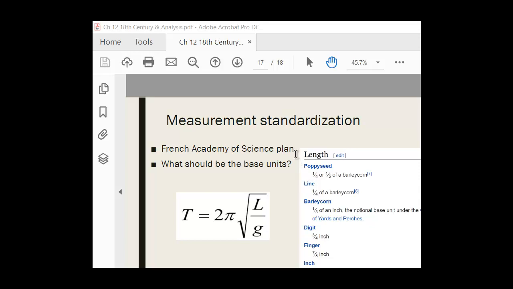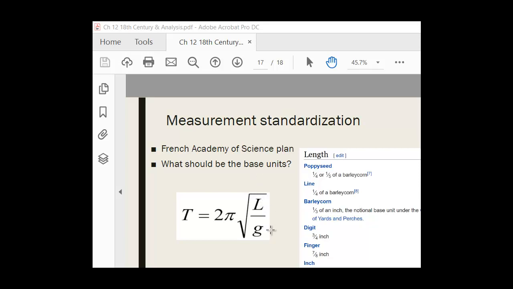The French Academy of Sciences in the late 1700s said, we gotta fix this. And so they appointed a committee to study how to standardize units of measurement. One of their big jobs was to decide, well, what are the elementary units or base units? Because these things are all hooked together by laws of physics.